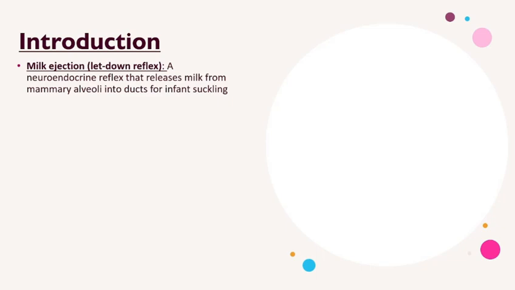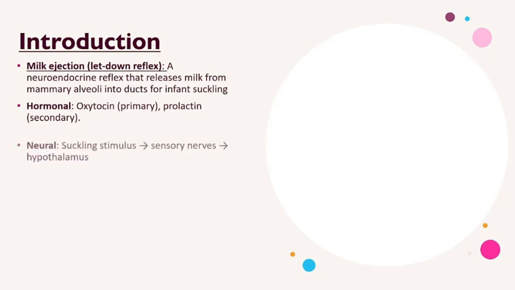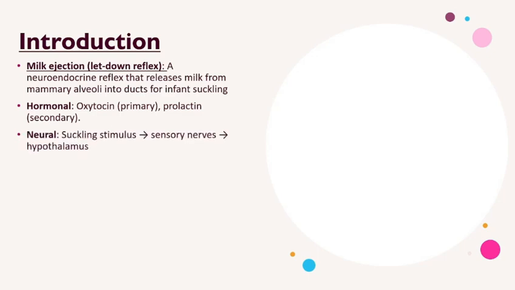Next, we see what hormones are going to act during this reflex. Primarily, the oxytocin hormone acts, and secondarily, prolactin hormone also plays some role in this reflex. Next, we see what neural action is going to happen during this reflex.